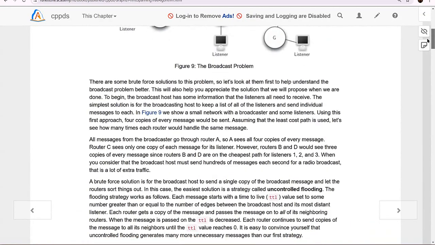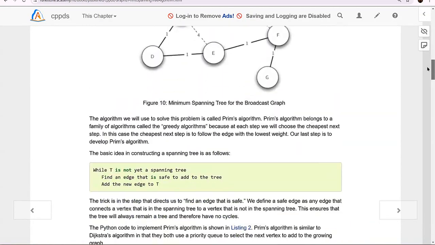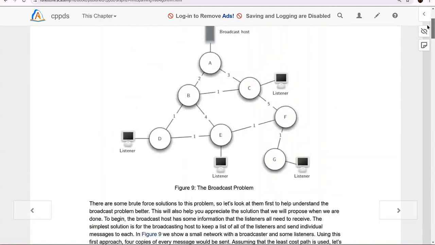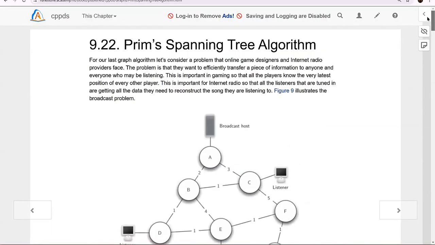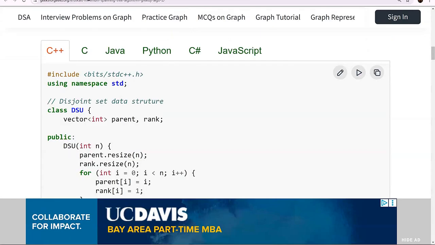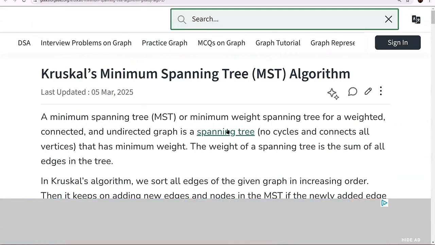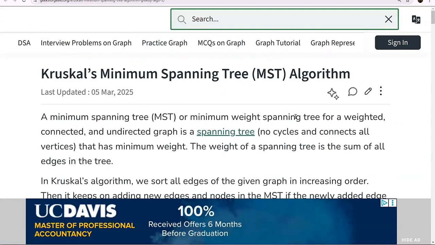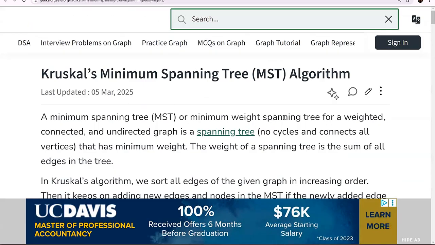We just give you the idea of what the problem is and why the minimum spanning tree can solve it. And we also add one more solution, Kruskal's algorithm. So there's Prim's algorithm and Kruskal's algorithm, and in a standard data structure course, both will be covered.